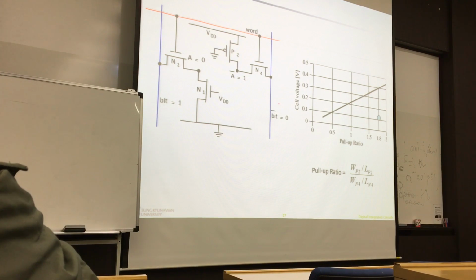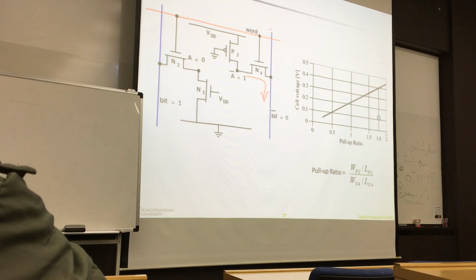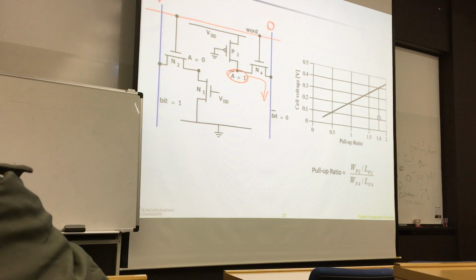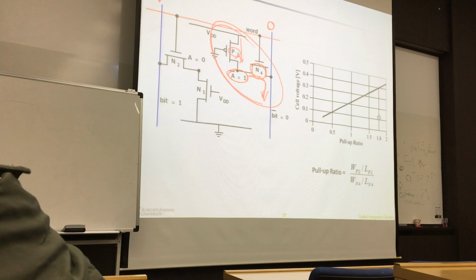And then what's happening here is you are pulling this down. So this is 0, this is 1. So this internal node is pulled up by P2 and pulled down by N4. So you have to win this fight.